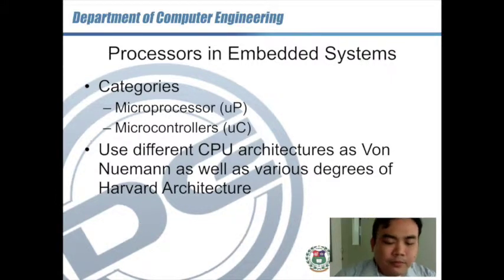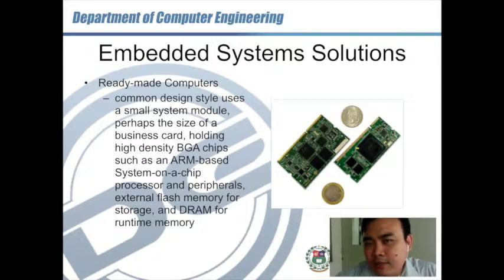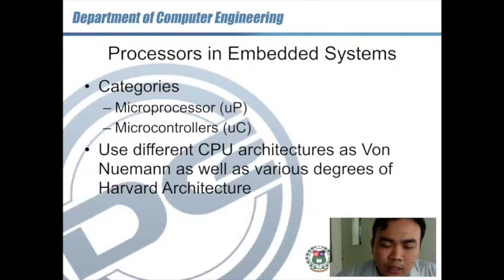But von Neumann also has a subcategory, which we call the Harvard architecture. We'll discuss that in more detail later on. It's basically the same von Neumann machine, but the address bus and the data bus are separate.